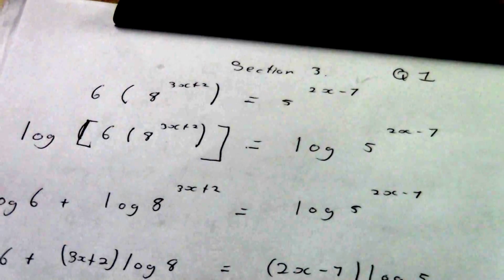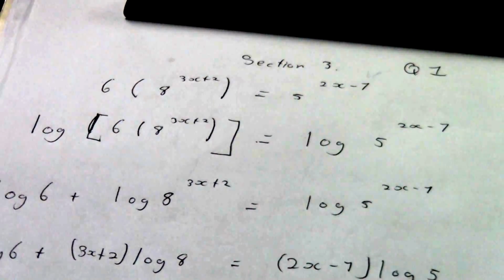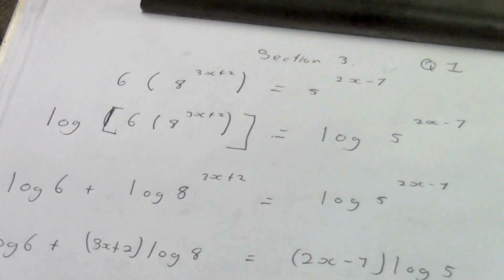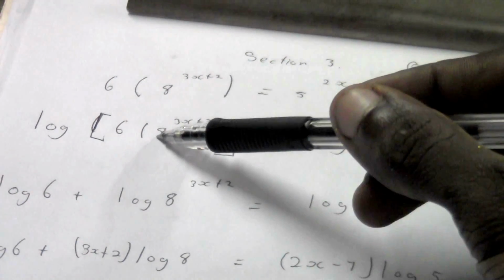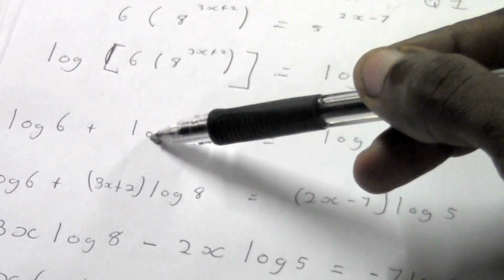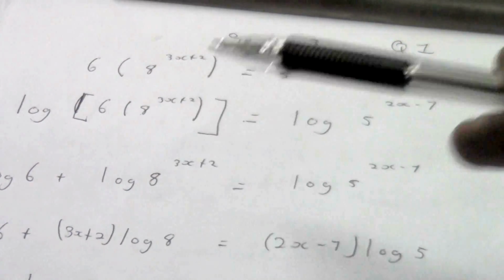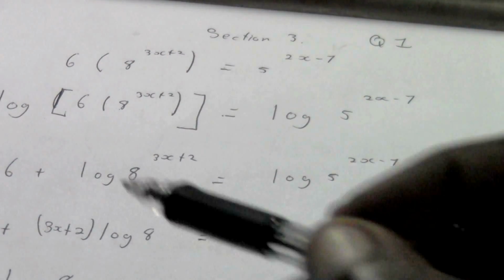When you have this problem, just log both sides of the equation and use the log rules. So a log of a multiplication needs to be expanded into an addition. Then no, you can't multiply the 6 by the 8. Why?